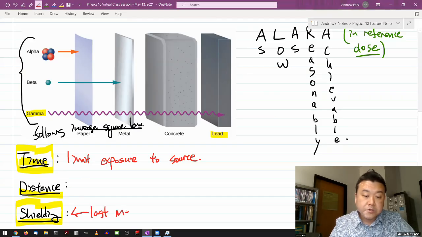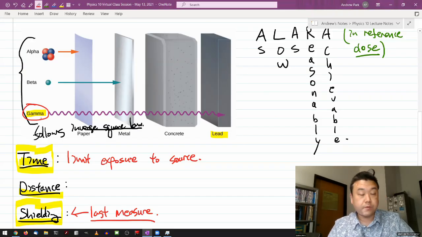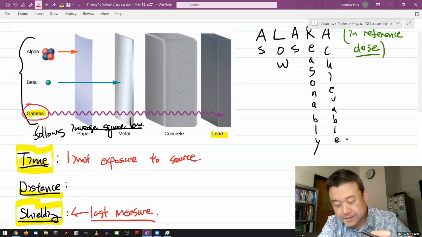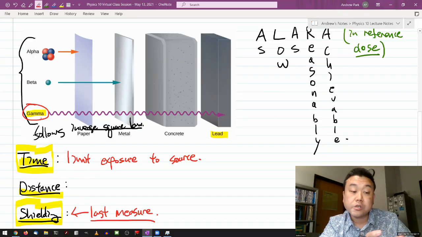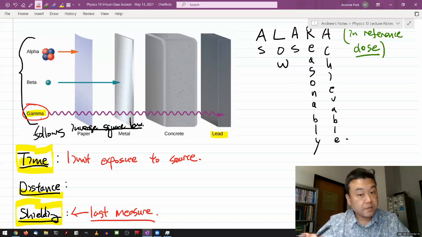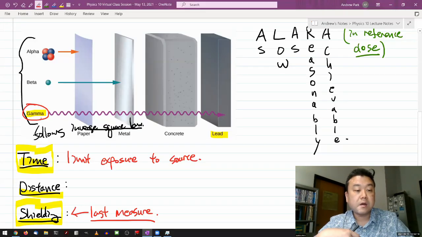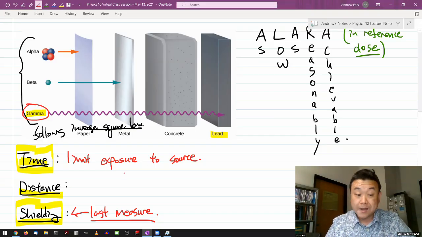And especially with something like gamma rays, which is where shielding is most needed, sometimes the shielding actually limits your dexterity. It limits how quickly you can move. It limits how much time it takes to do a certain task with the source. So sometimes trying to get more shielding in place conflicts with limiting the time.